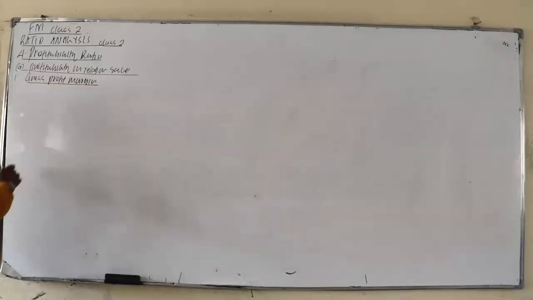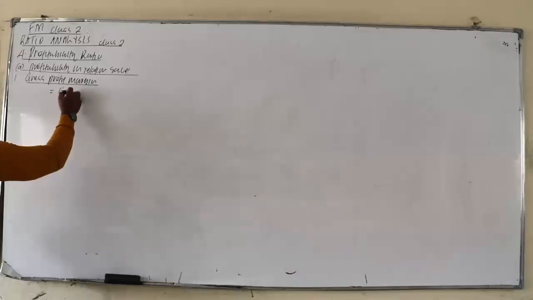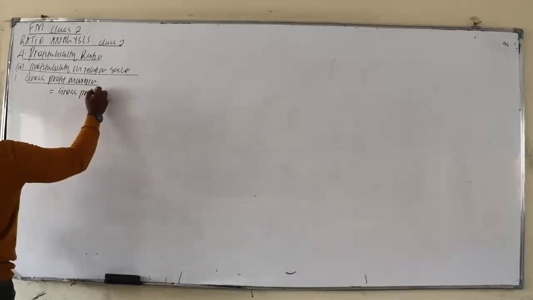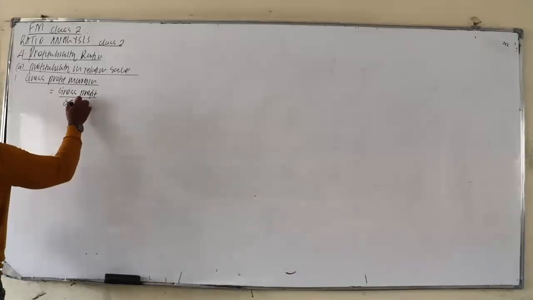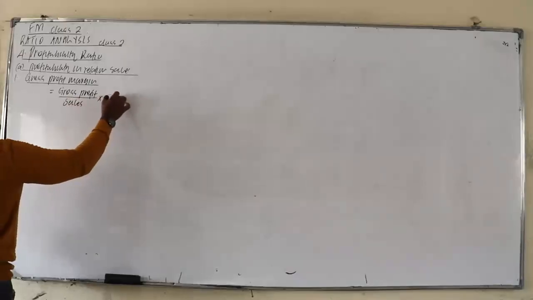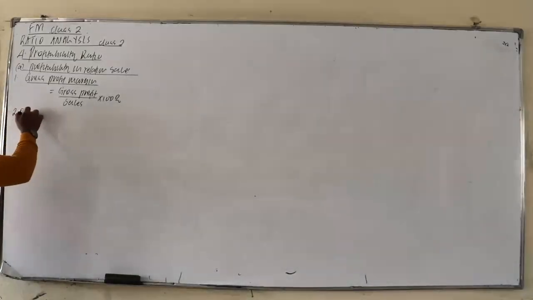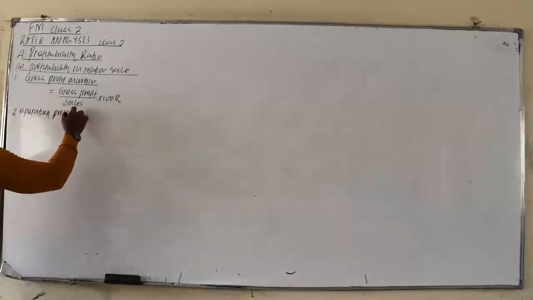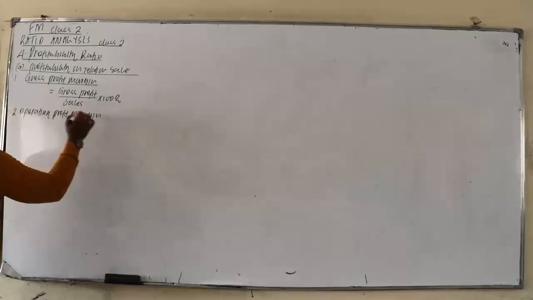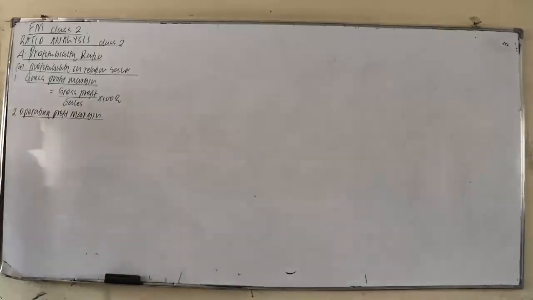So how do you get the gross profit margin? You take the gross profit, you divide by the sales, you multiply by 100%. Number 2 is the operating profit margin.